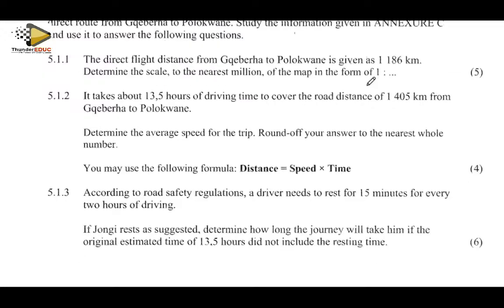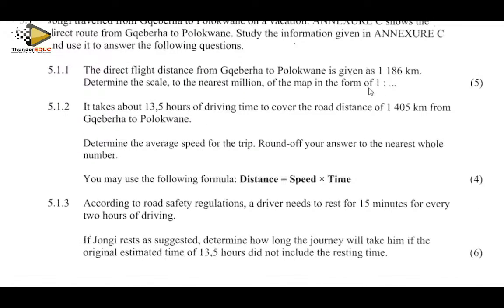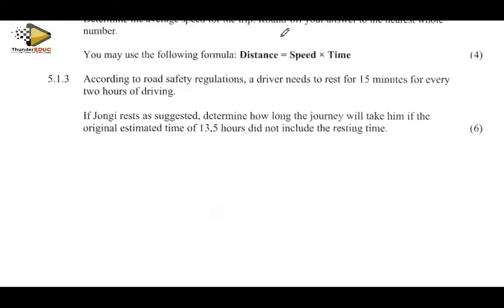So now, what is given? Take note. What is given to us? This is in real life. All right. So remember the scale. The scale, when we are determining the scale, is written as 1 is to a given value, which is on paper versus real life.